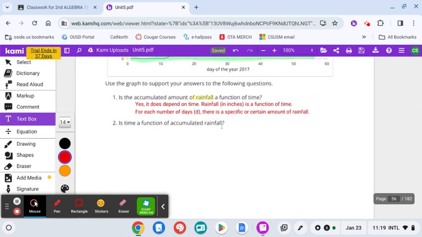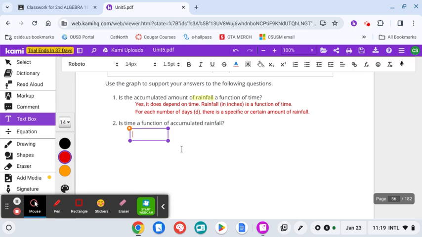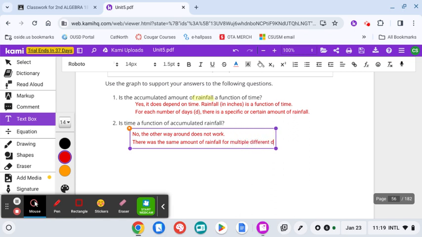Okay, what if we look at it in the backward situation, the reverse situation? Is time a function of rainfall? Based on how much rain, can I tell what time it is? Does time depend on the rainfall? We said no, the other way around does not work. A sample answer would be no, there was the same amount of rainfall for multiple different days.